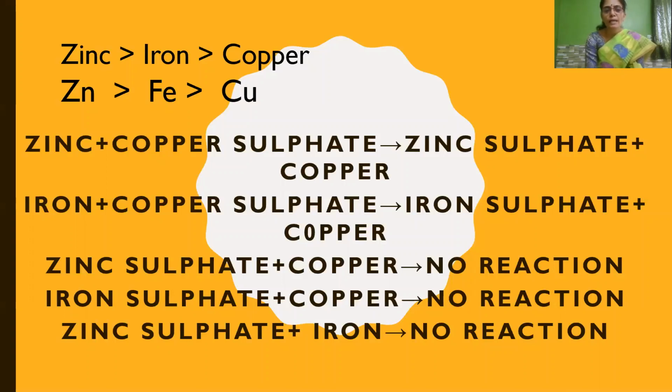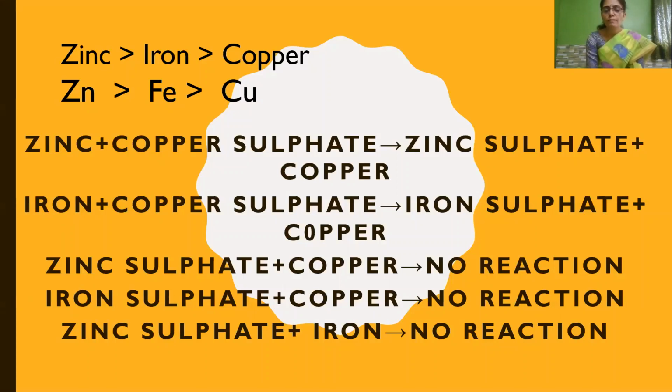The same way, iron plus copper sulfate. Here the compound is copper sulfate. If you compare iron and copper, as we know iron is more reactive than copper, it replaces copper from the copper sulfate solution. So you will get iron sulfate plus copper. Next, zinc sulfate plus copper. Here the compound is zinc sulfate.